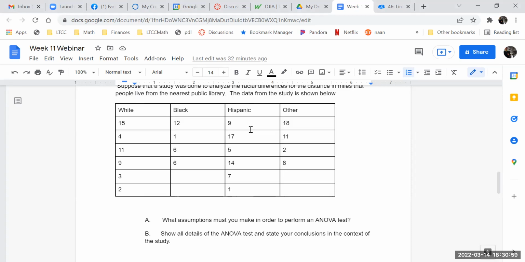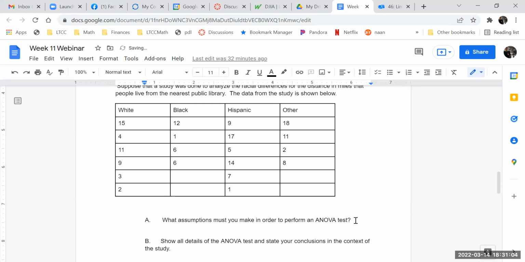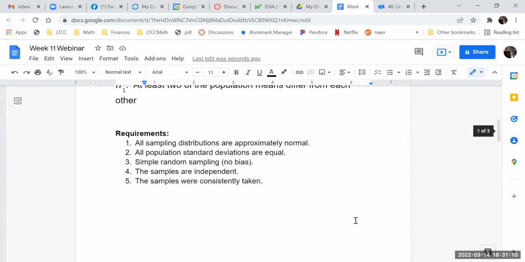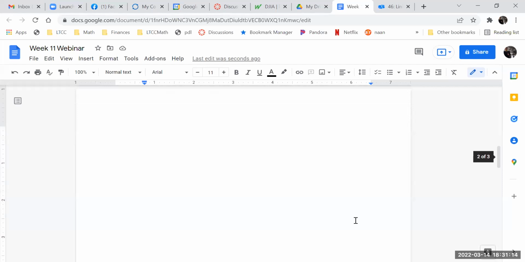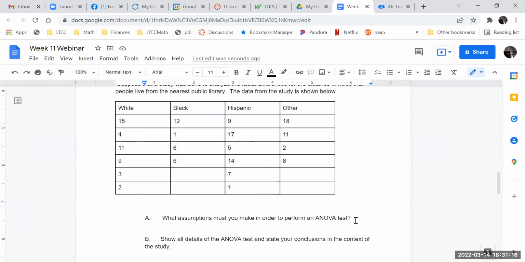All right, so what assumptions must you make in order to perform an ANOVA test? So let's answer that. I think the best way to answer this is to go back to our requirements. The sampling distributions are approximately normal. Do we need to make that assumption? Yes, because look at the sample sizes. They're small.